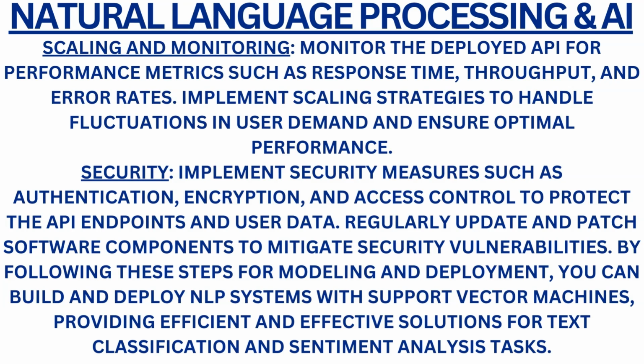Regularly update and patch software components to mitigate security vulnerabilities. By following these steps for modeling and deployment, you can build and deploy natural language processing systems with support vector machines, providing efficient and effective solutions for text classification and sentiment analysis tasks.